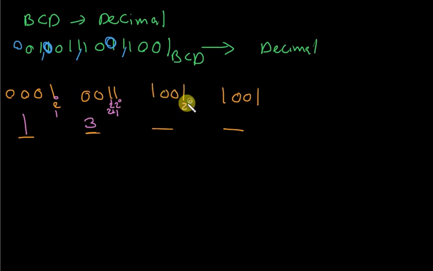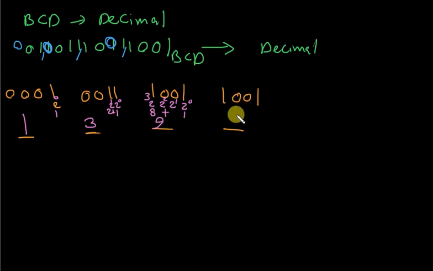And then after that, we have this number. This is 2 to the power of 0, 2 to the power of 1, 2 to the power of 2, and 2 to the power of 3. This one represents 1. This one represents 8 because 2 to the power of 3 is 8. So what happens here is we're adding 8 and 1 together and it will give us a 9. And then I have another 9 here.